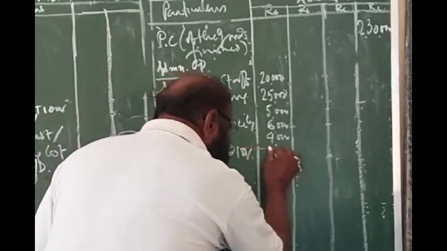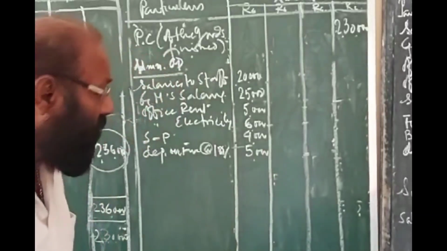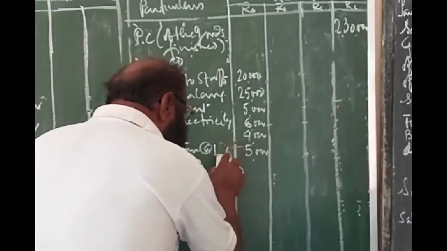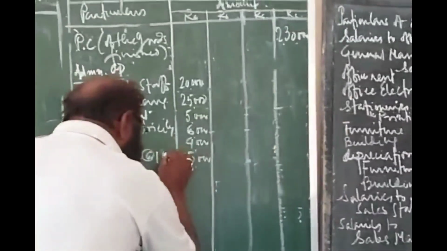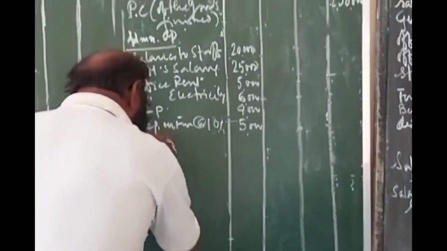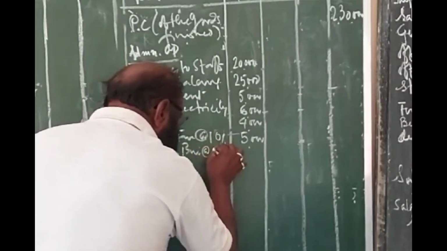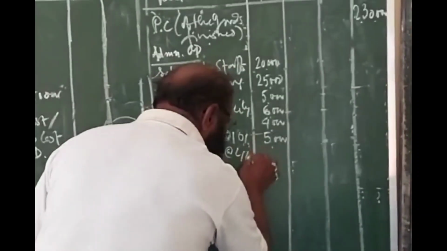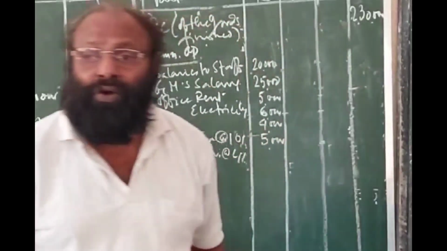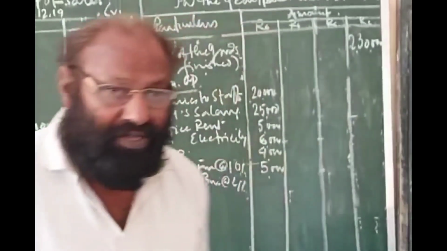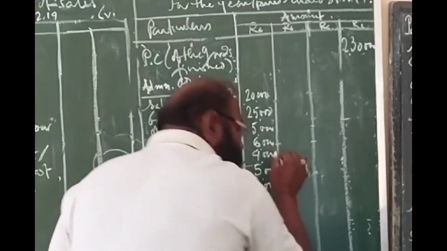It should be 5,000. Similarly, the depreciation on office building, how much? I am writing here at 4%. The value of the building is 5 lakhs. So 4% of 5 lakhs is 20,000. So 20,000 is the depreciation of the office building.